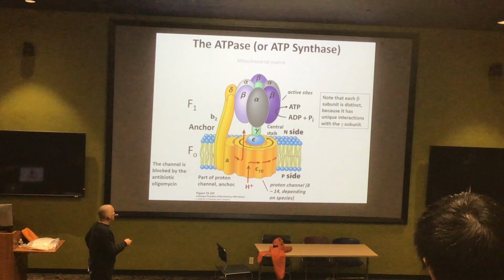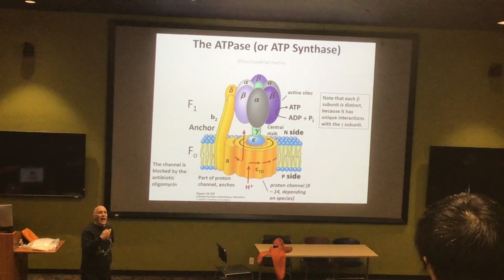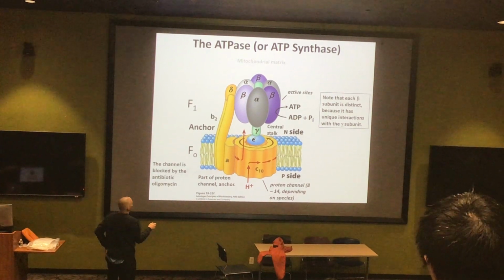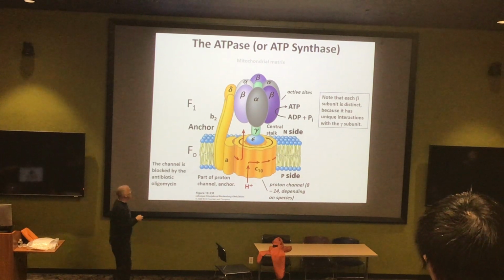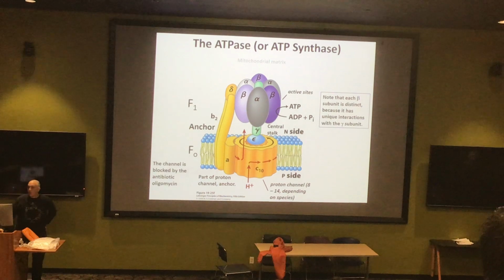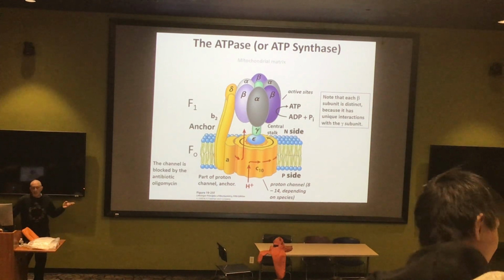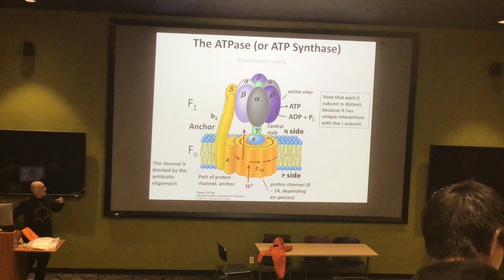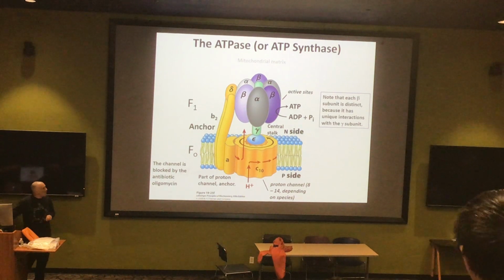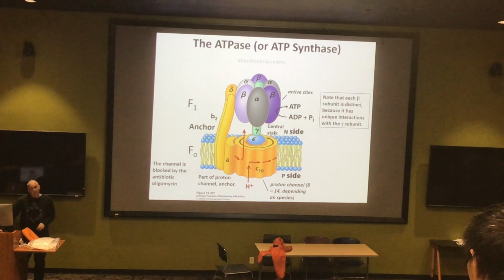And you can actually just slice this thing off and add it to solution and make some ATP. You don't need any of the rest of this. So all this business with the proton gradient making ATP, that clearly can't be true, because if you just take these top pieces, either intact as it's shown, or alternatively break them apart and put them in solution with some ADP and some inorganic phosphate, you get ATP.